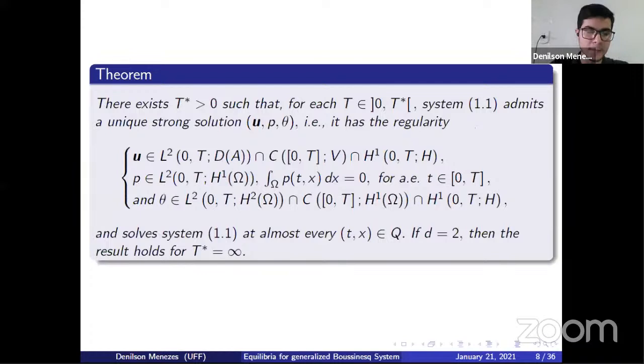In this theorem, we can find a T star such that if you take the time in this interval 0 to T star, the system has a unique strong solution, U pi and theta, with this regularity, and solves the system almost everywhere in Q. If the dimension is 2, we can conclude this for all positive time.